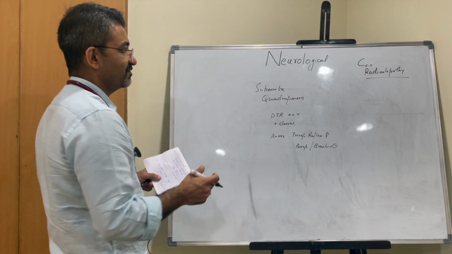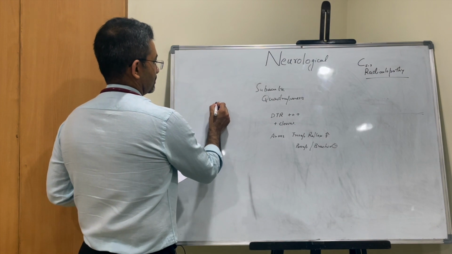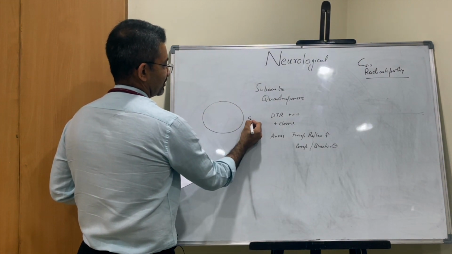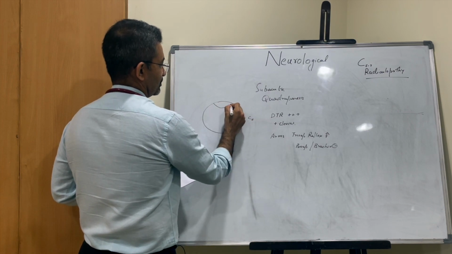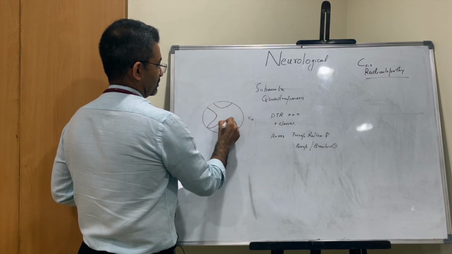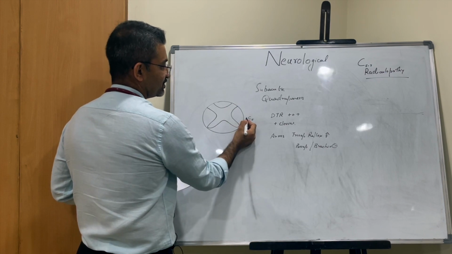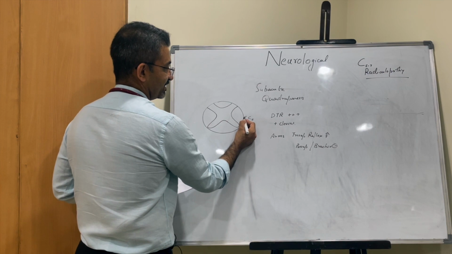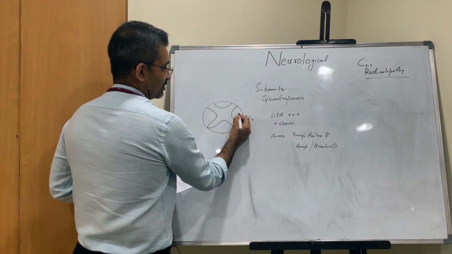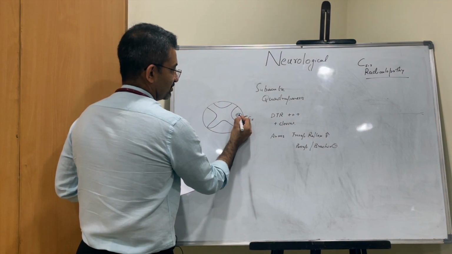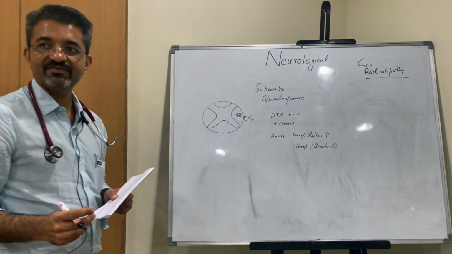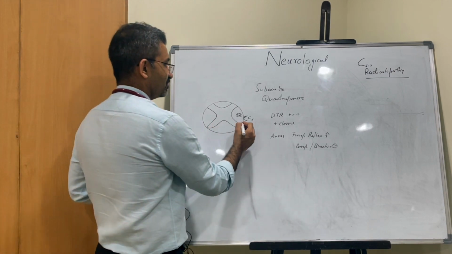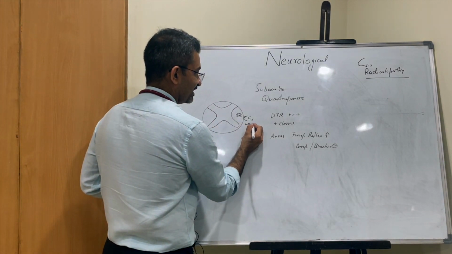What is causing this cervical myelopathy? Say, if the lesion is at C5, the compression is there from outside, the corticospinal tract at C5 will be compressed. So this will give rise to your LMN finding at C5.